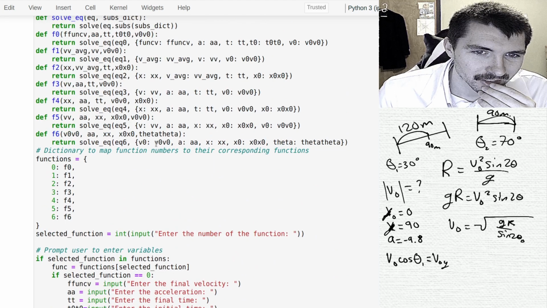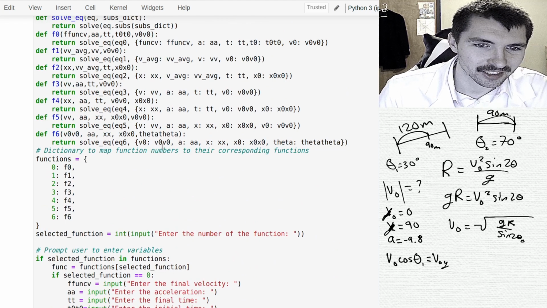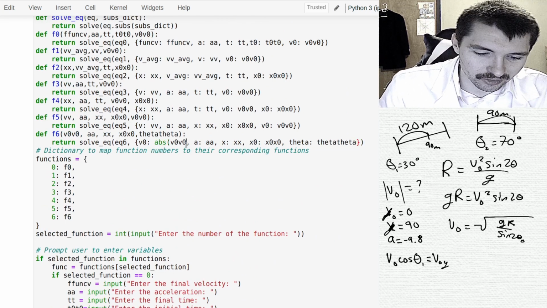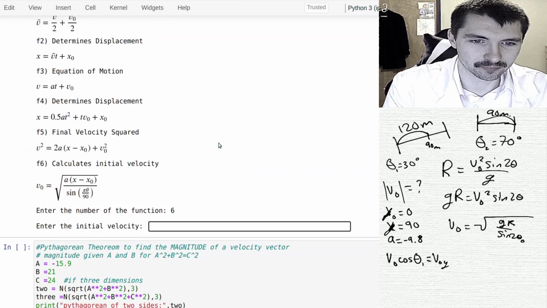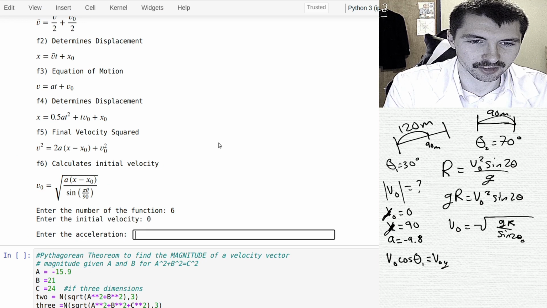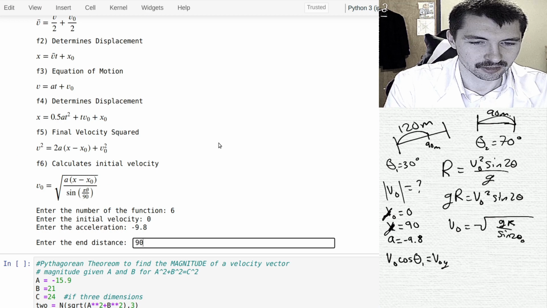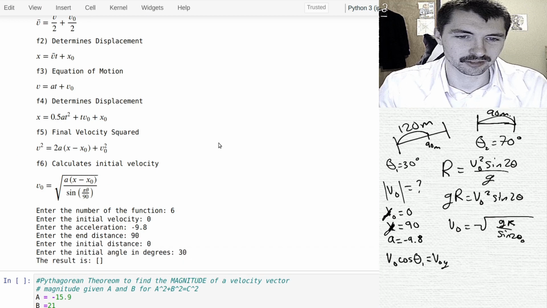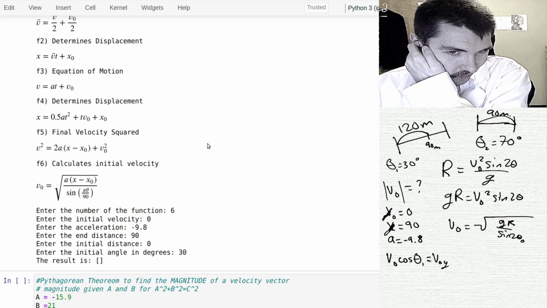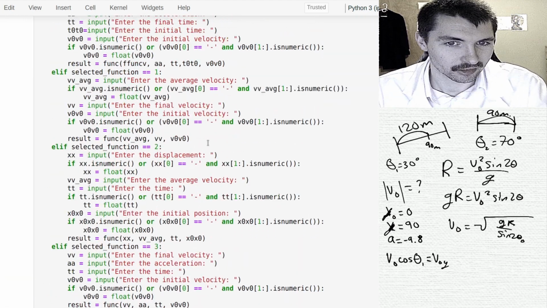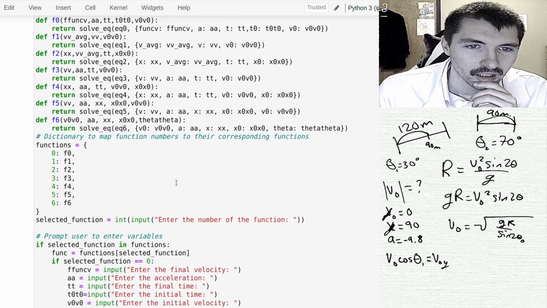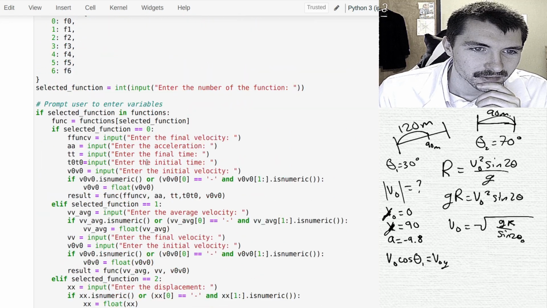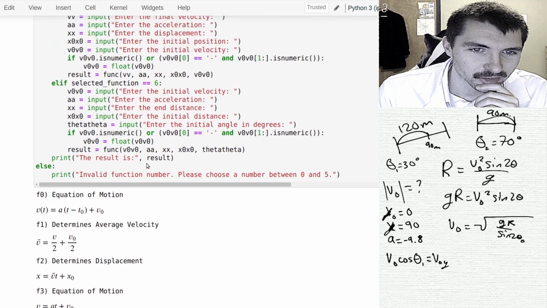Let's say V is the absolute value of this. Will that change it? Shouldn't. It did. Okay, this is tricky.